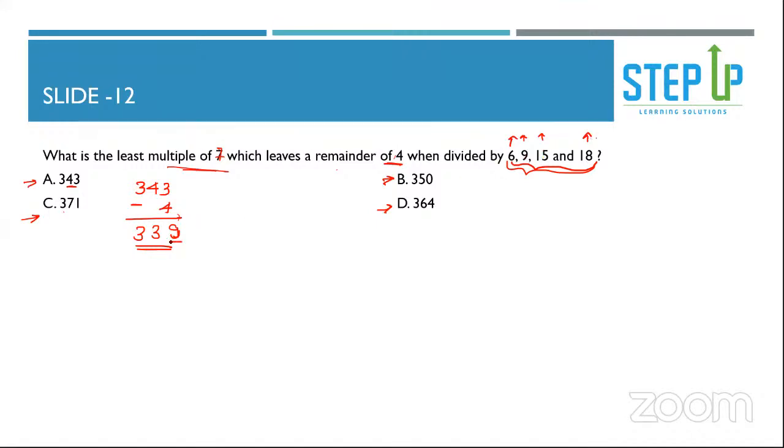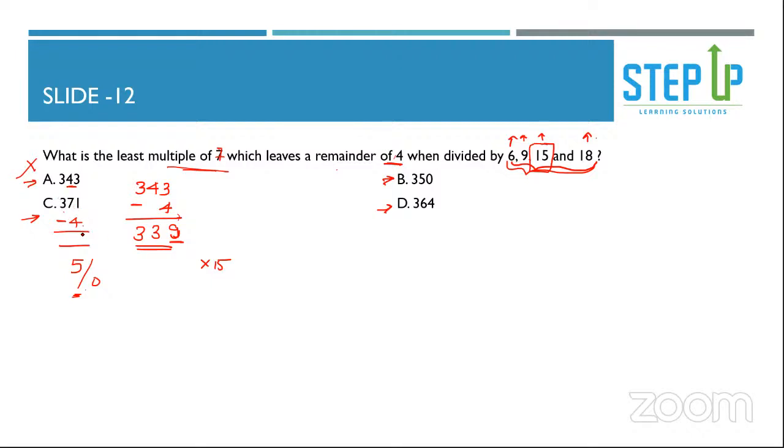Now, as the number is ending with 9, it will never be divisible by 15. So that option is eliminated. You should look for an option where the unit digit minus 4 gives you 5 or 0 at the end. Then only is it possible that it will be divisible by 15.